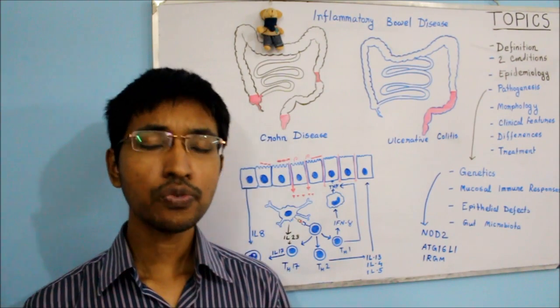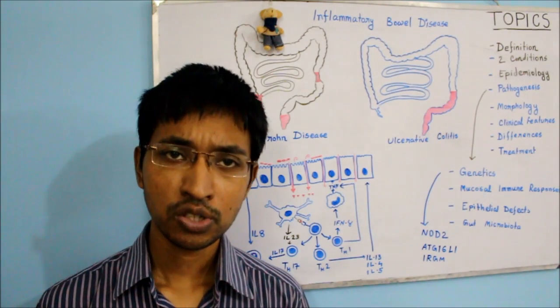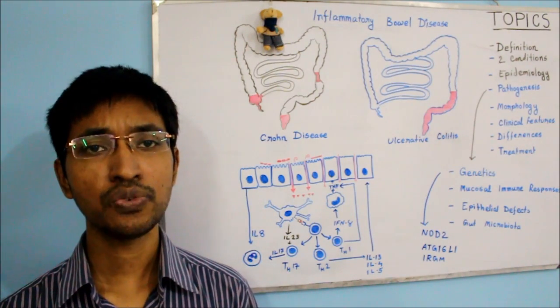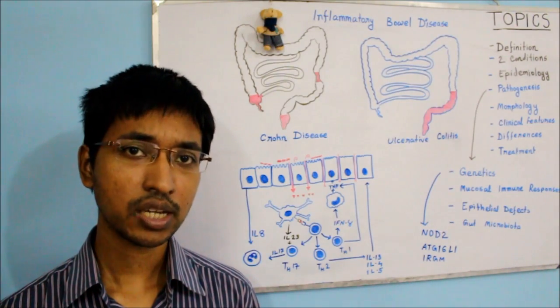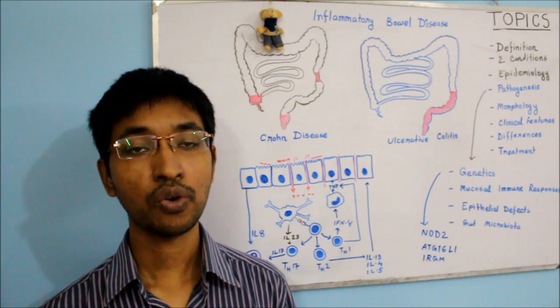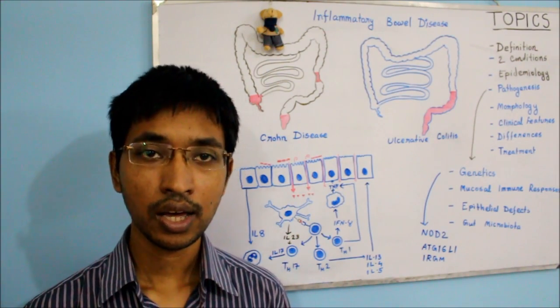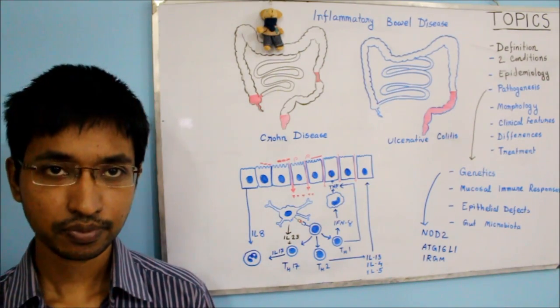And this lack of immune responsiveness or immune regulation is achieved with the help of certain CD4 positive T cells that can liberate some anti-inflammatory cytokines, for example cytokines like interleukin 10 and TGF-beta.